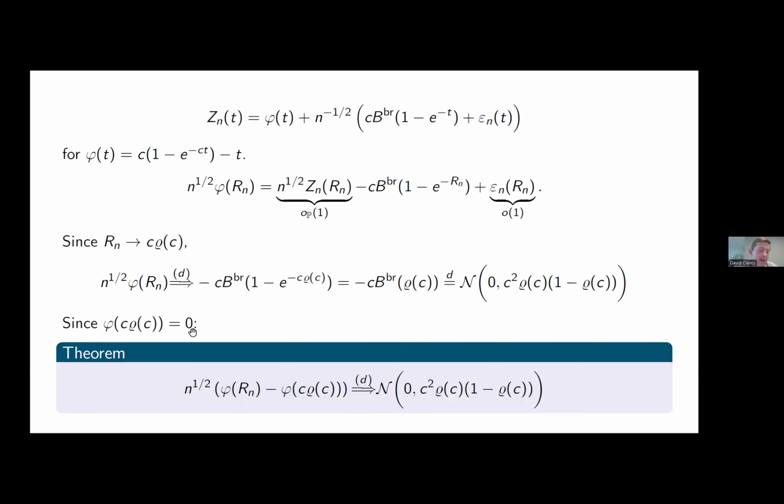And using the fact that C rho of C, this limiting value, is a fixed point of phi, a root of phi, we can say that we have square root of n fluctuations of phi of Rn around phi of C rho of C, and we have normal fluctuations.